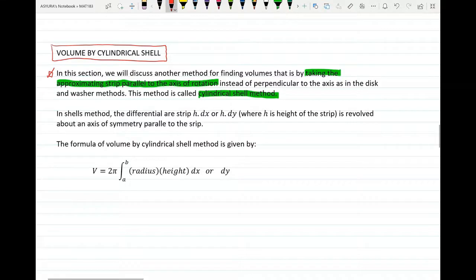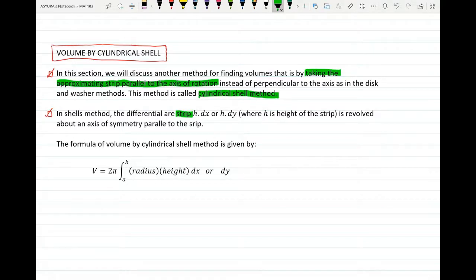Alright. In this method, the differential strip, height dx or dy, is revolved about an axis of symmetry parallel to the strip. So the strip is the most important thing in your cylindrical shell method.